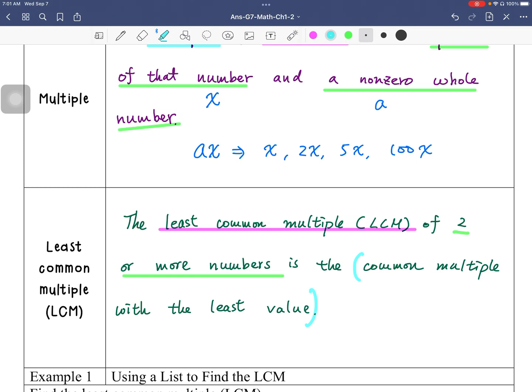The least value means the smallest value. So the least common multiple is the multiple of all the numbers involved, but it's the smallest one.